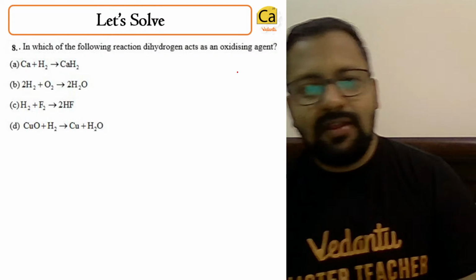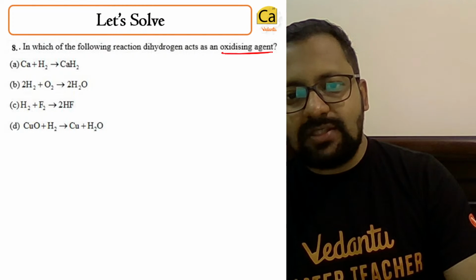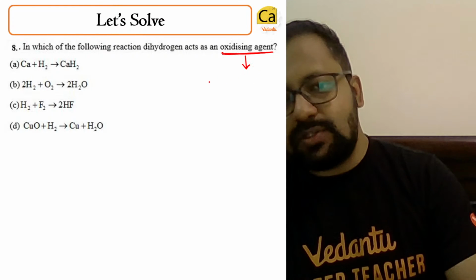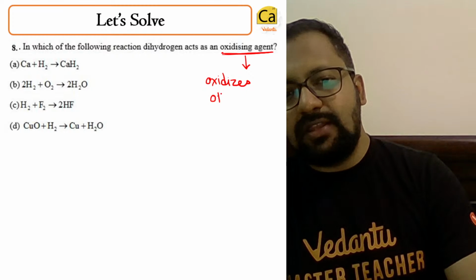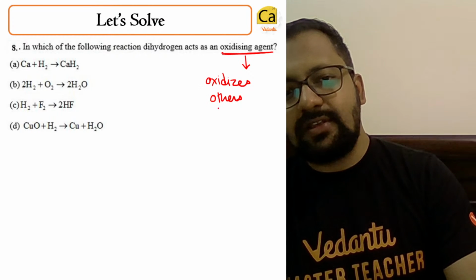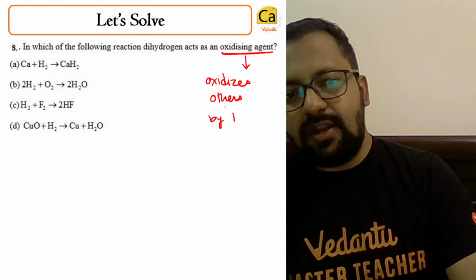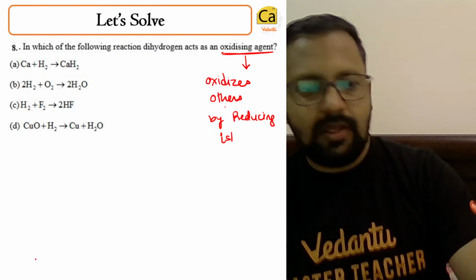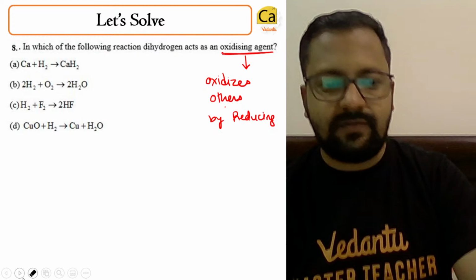What is the meaning of oxidizing agent? An element or substance which oxidizes others by reducing itself.